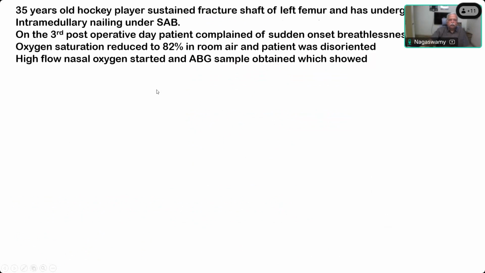A 35-year-old hockey player sustained a fractured shaft of femur and has undergone intramedullary nailing under subarachnoid block. On the third post-op day, the patient complained of sudden onset of breathlessness. Oxygen saturation dropped to 82% in room air and the patient was disoriented. High flow nasal oxygen was started and an ABG sample obtained.